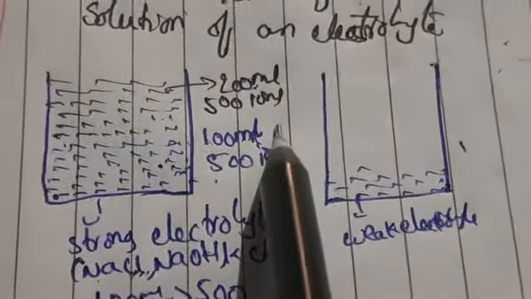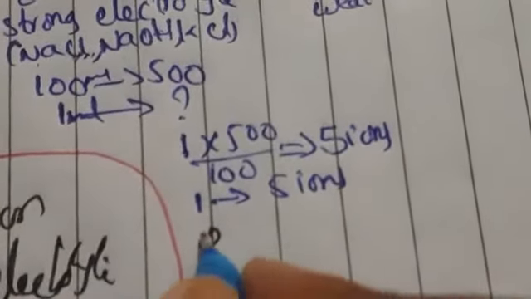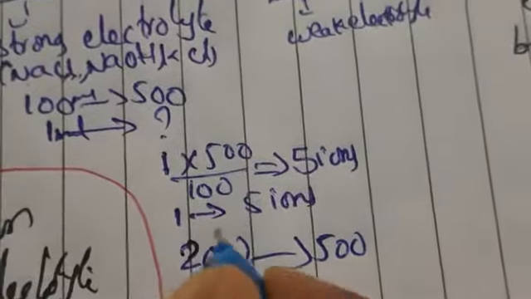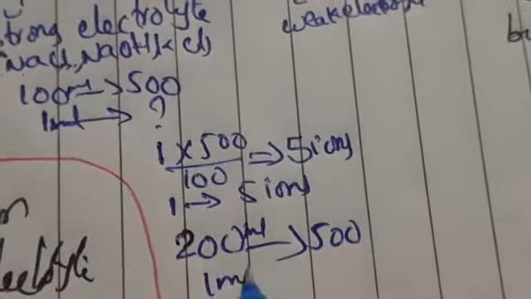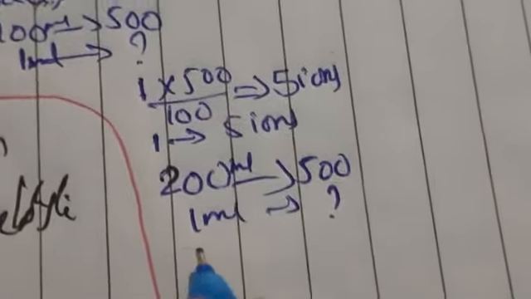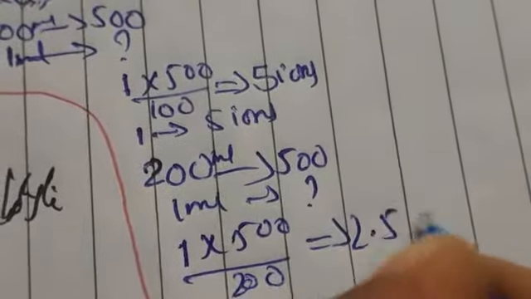Again this is also giving 500 ions. Then what about 1 ml? 1 into 500 by 200, so nearly we are getting 2.5.